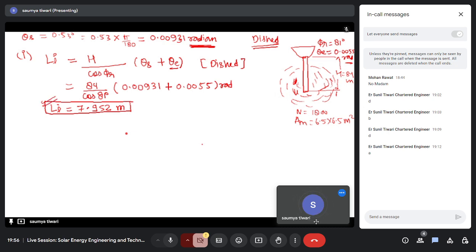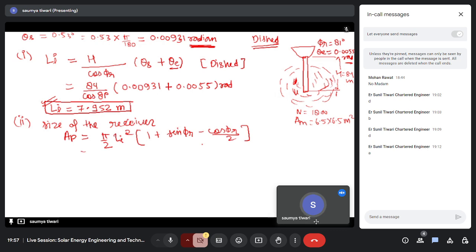Now what has been asked is the size of the receiver or the absorber. We already know the formula for this: pi by 2 into l i square into 1 plus sine phi r, rim angle, minus cos phi r, divided by 2.